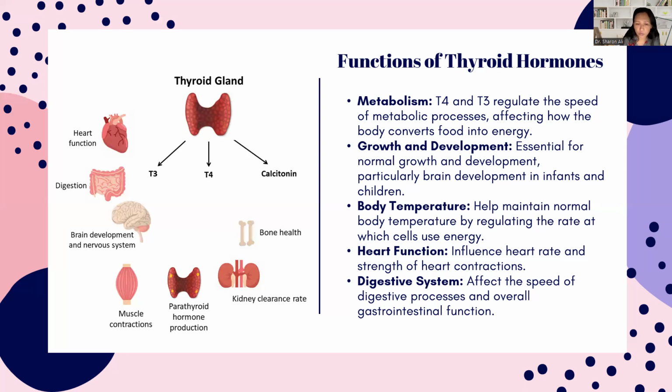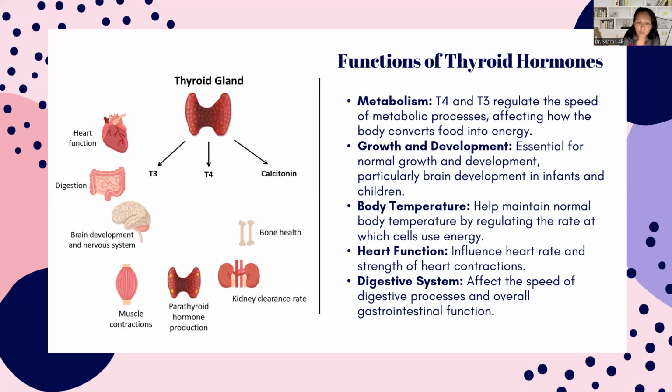And as we spoke about the kidney clearance, that's another process. Calcitonin, if raised, may affect this and cause kidney stones. And we have bone health. Again, we spoke about the calcium leaving the bones and going to the blood, and that may cause kidney stones.